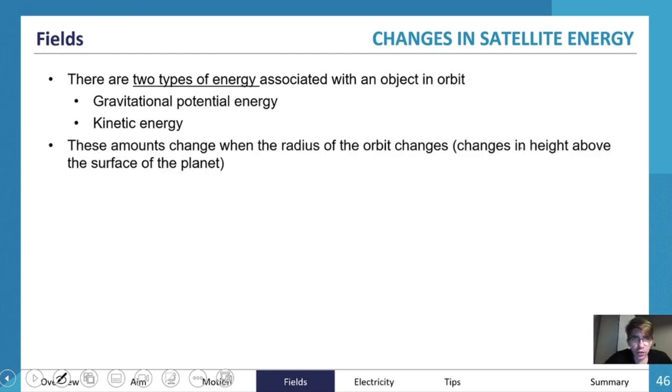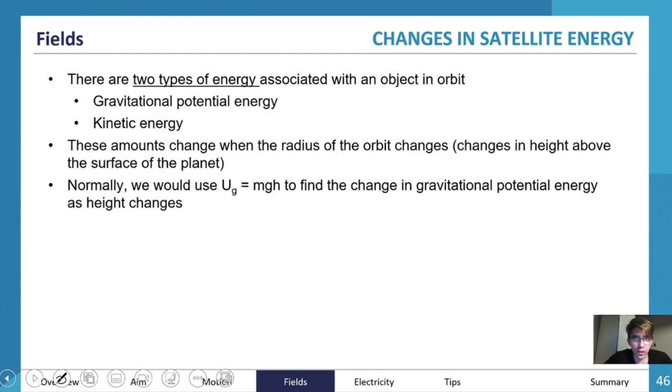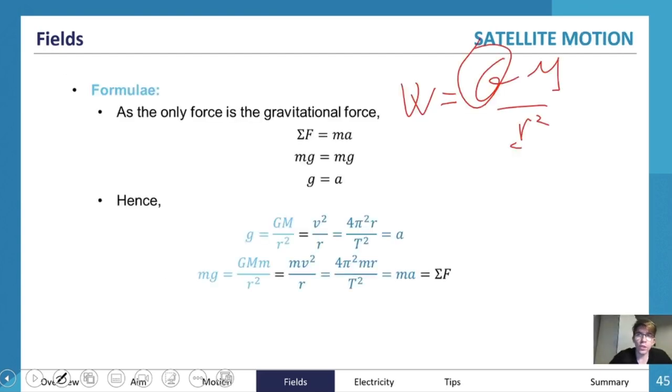Keep in mind that the gravitational field strength is this part, GM on R squared. If you multiply it by the mass of the satellite, where capital M is the mass of the main body, you just get the weight force acting on that object at that particular height above the surface of the Earth, or the surface of any other body.